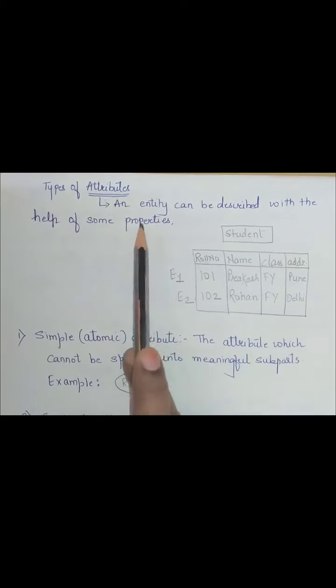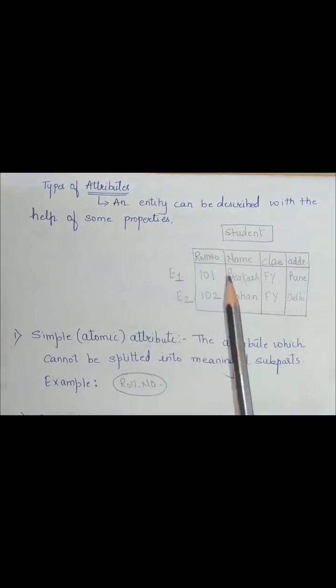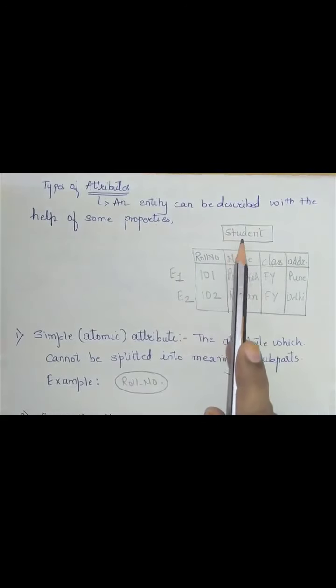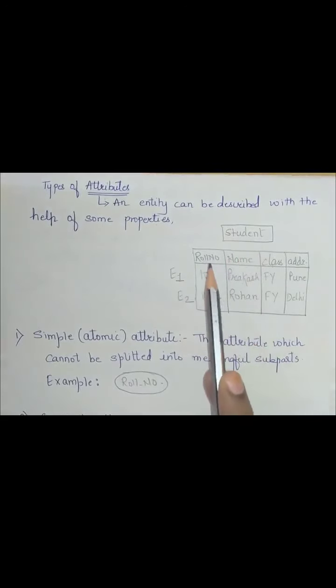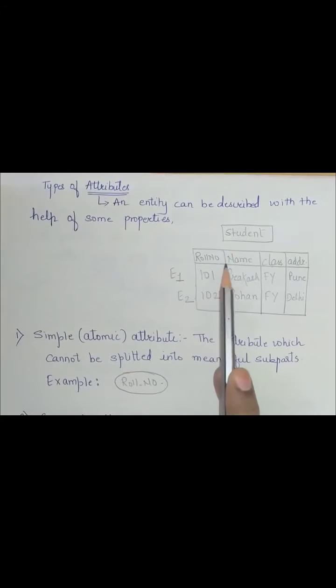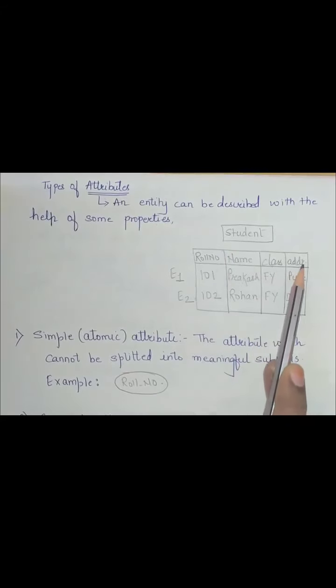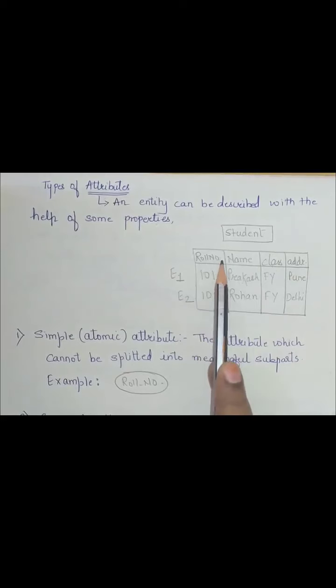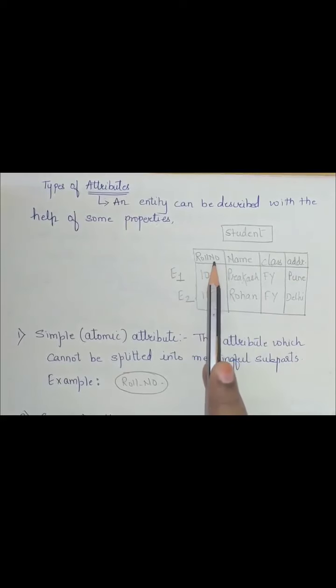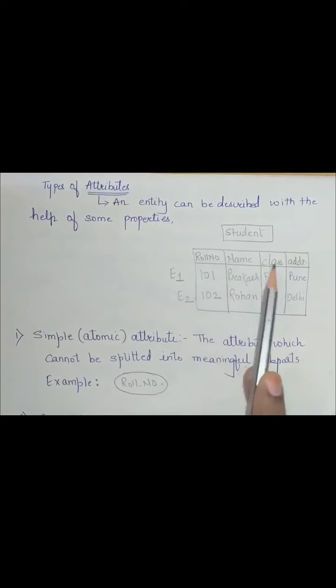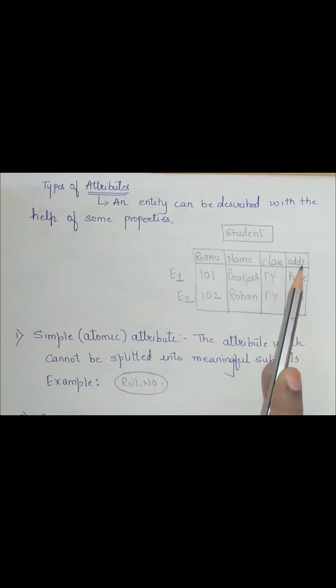Properties means what over here? You see, here one table is taken, that is nothing but student. Student has roll number, name, class and address. So roll number is an attribute, name is an attribute, class is an attribute and address is an attribute.